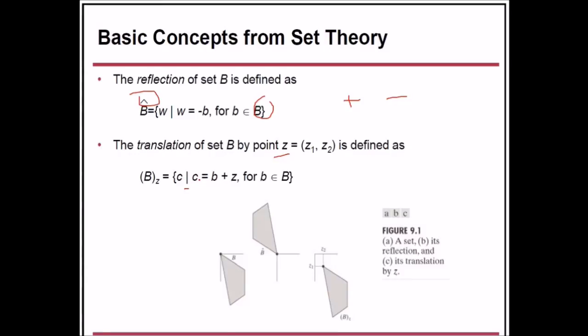C is such that C is equal to b plus Z, so Z will be added to each value of B. This is a set, and this is its reflection: all the positive values become negative, and you join them again and it looks like this. And translation means it was lying here, and it was grabbed and kept at some other location.